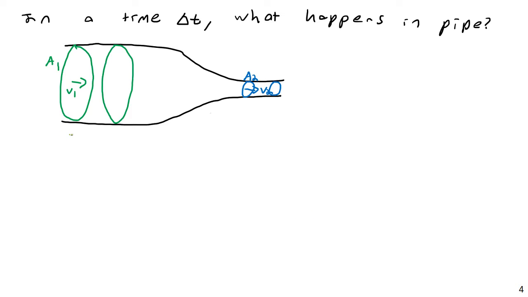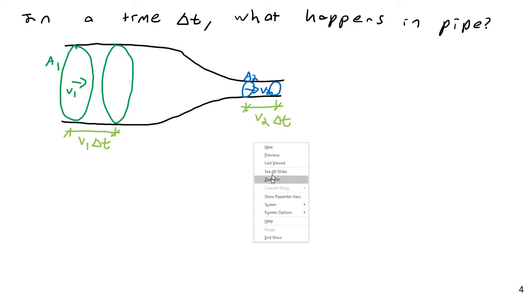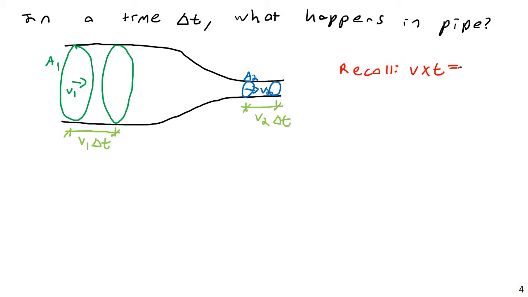Well, the length of this path is going to be V1 delta t, and the length of this path, of course, is going to be V2 delta t. So again, the way I got those dimensions, recall that V times t is equal to distance.